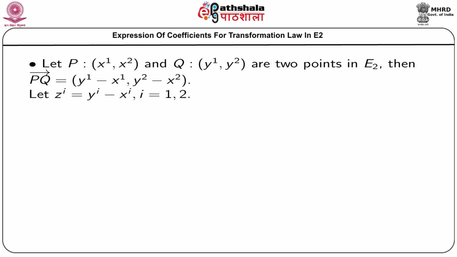Now, suppose P is a point (x1, x2) and Q is another point with coordinates (y1, y2). Then PQ is a vector which can be written as (y1 minus x1, y2 minus x2), in terms of components. So, we denote this y^i minus x^i as z^i, where i is running from 1 to 2.